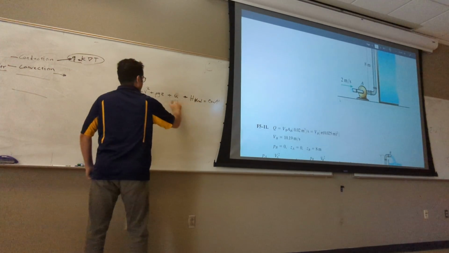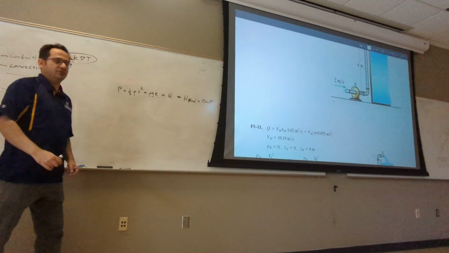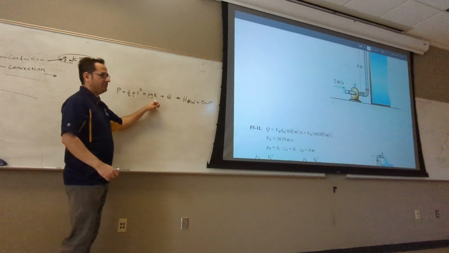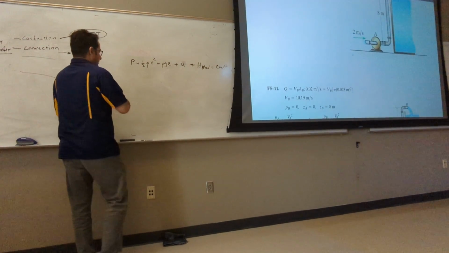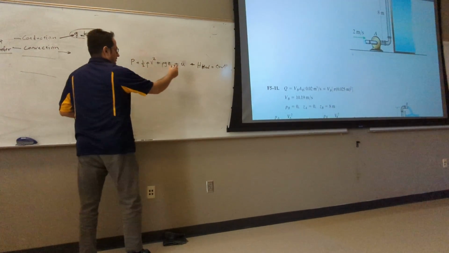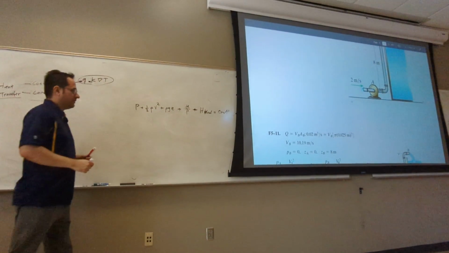This is the energy equation. If the other heads are zero and internal energy is zero, you get the Bernoulli equation. But look, if you divide this by rho, in fact, this is also work, to be unit consistent.